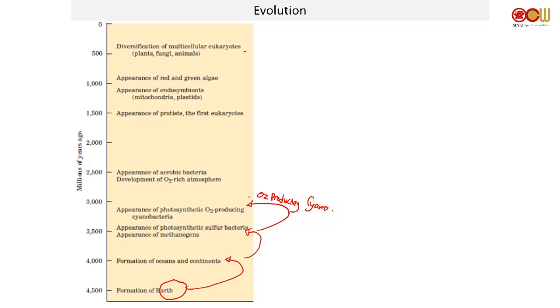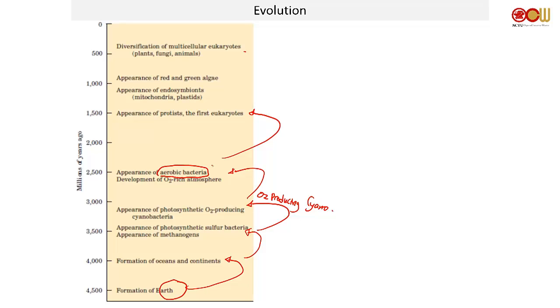Once they produce a lot of oxygen, you start to have aerobic bacteria, such as E. coli, things that can use oxygen to grow faster. So bacteria. And then you start to have eukaryotes. Eukaryotes are moving around, bacteria are moving around.